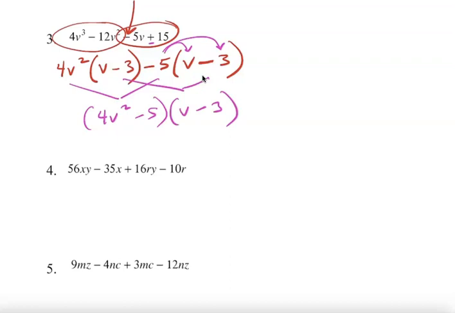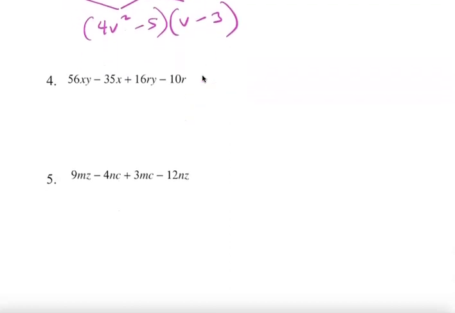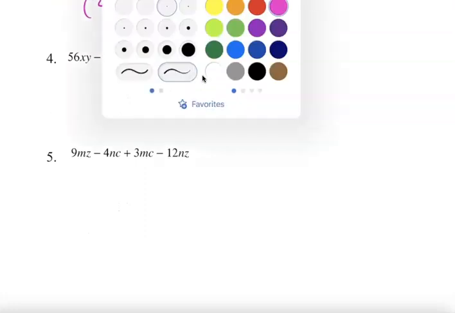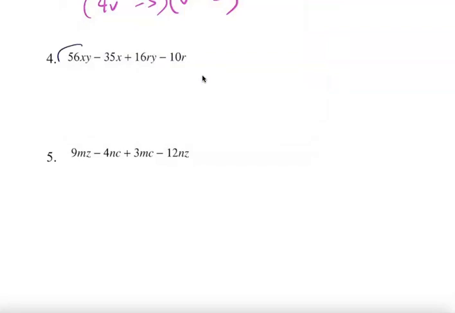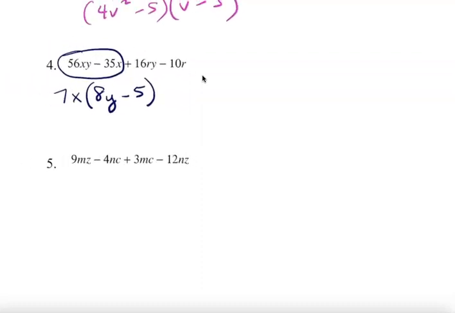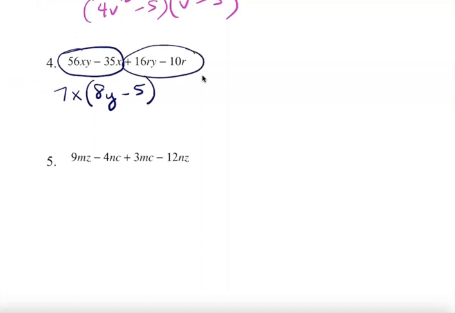Okay? Let's keep going. I know you're becoming factoring wonders at this. All right, first 2. What do they have in common? They have a 7x in common, so that's going to leave me an 8y minus 5. And then the second 2, what do they have in common?